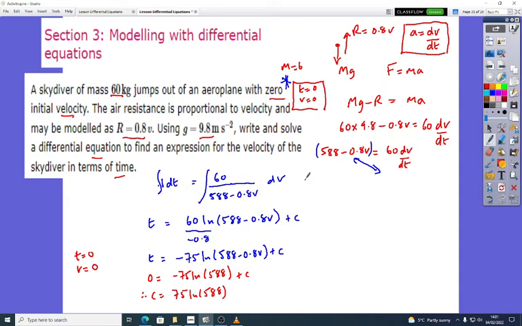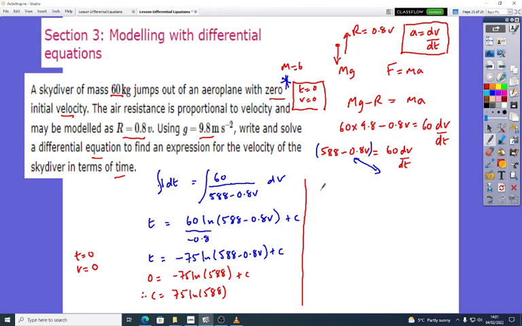So let's draw a line here. We're almost there now. We found the constant, and we've got this version, but we want the velocity in terms of time. What we've got is time in terms of velocity, so we need to change it around.